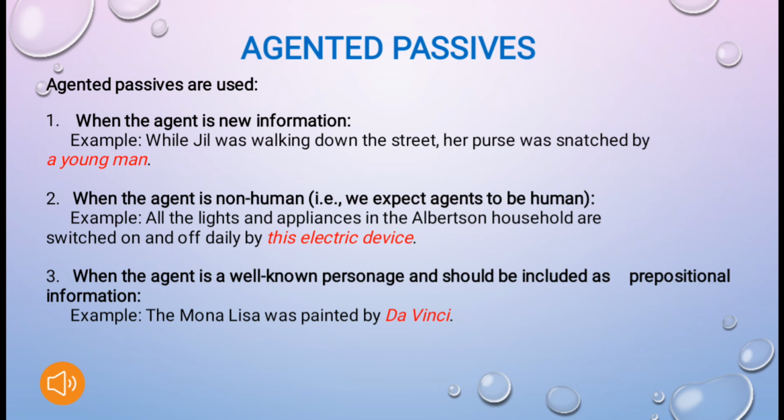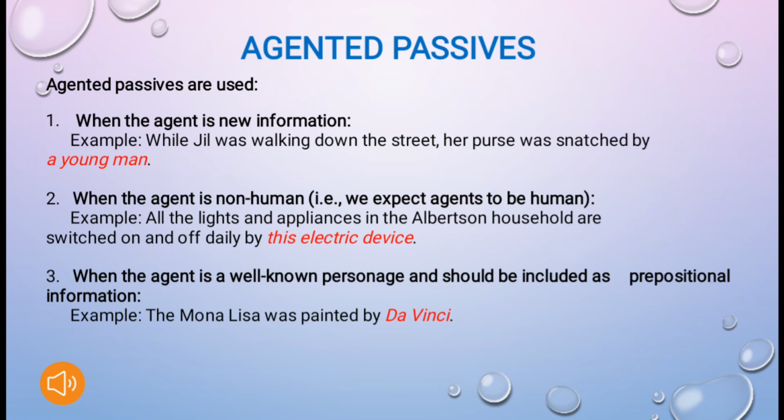It is just a particular device from technology that is doing a particular favor to a person, or lessening the work of a person. So the agented passive there is this electric device. Okay, and it is also not human, as you can see.